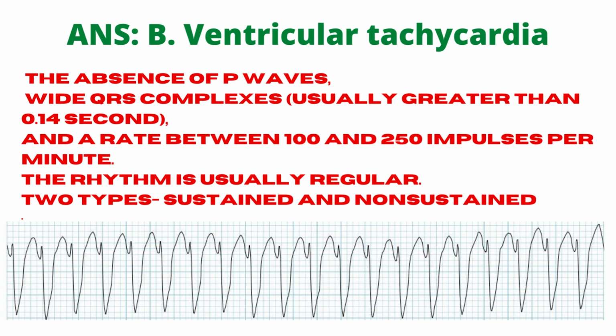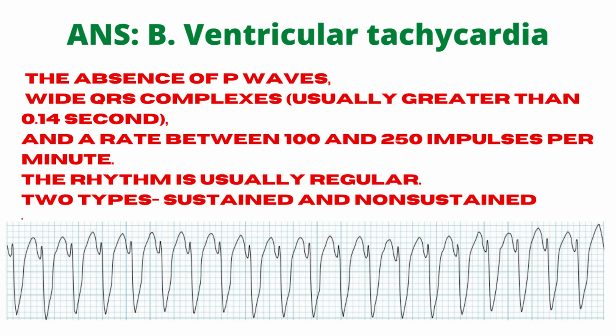So here everything is suitable for ventricular tachycardia. In ventricular tachycardia there are two types, sustained and non-sustained. If tachycardia continues for more than 30 seconds, it is sustained ventricular tachycardia, SVT. If it is less than 30 seconds continuously, it is called non-sustained ventricular tachycardia, NSVT. The other option given here is premature ventricular contraction.